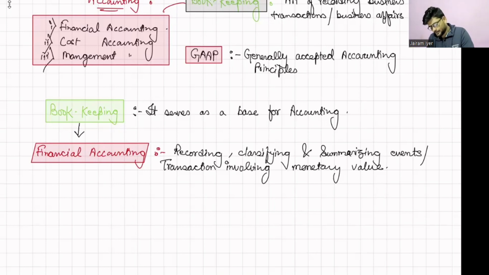Suppose I did a change of a 500 rupee note. So I gave someone a 500 rupee note and I took a 500 rupee note. Correct. It has a monetary value, but has it impacted anything on my business?